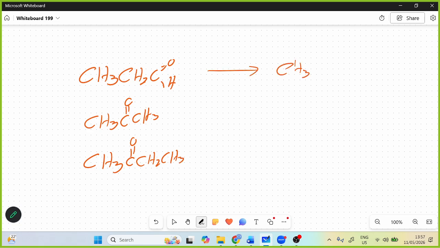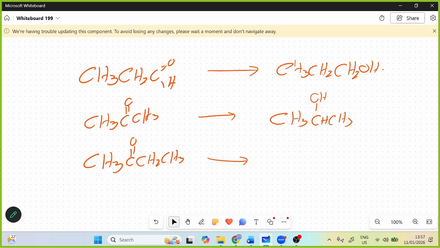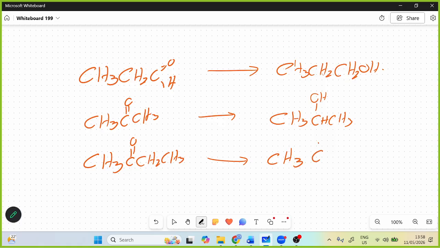This will give the alcohol. This will give the secondary alcohol. And this will give the secondary alcohol. So aldehydes give primary alcohols, ketones give secondary alcohols. But the reductions, whether you use H2, NaBH4 or LiAlH4, will be exactly the same.